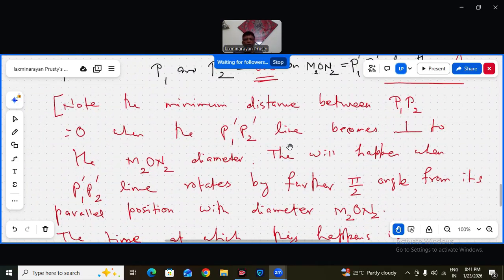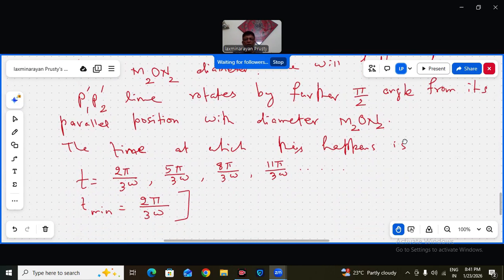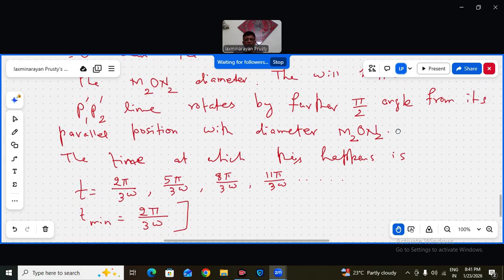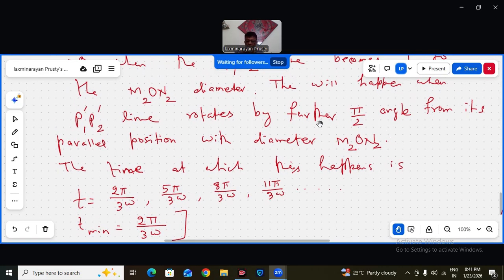So the P1 dash, P2 dash line becomes perpendicular to the diameter. This will happen when the P1 dash, P2 dash line rotates by a further pi by 2 angle from its parallel position. That is, our parallel position rotated by pi by 3 plus pi by 2. Right? So how much further time will it take?